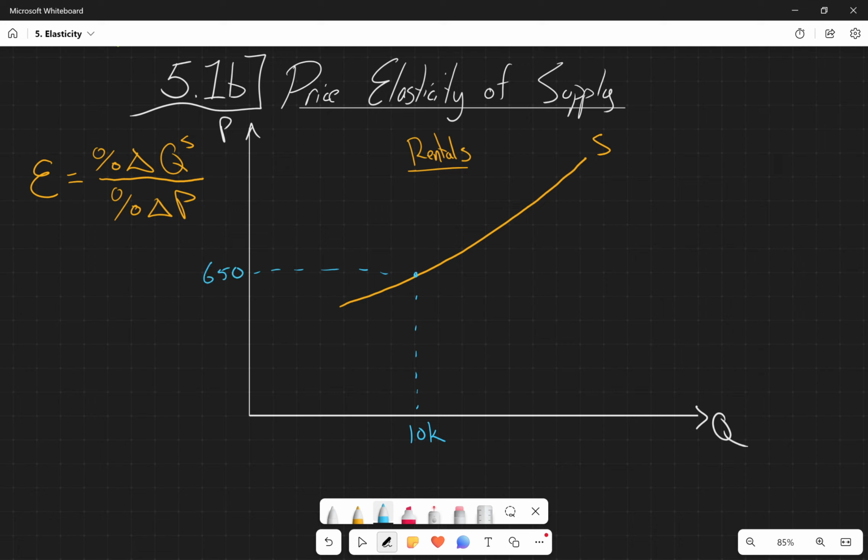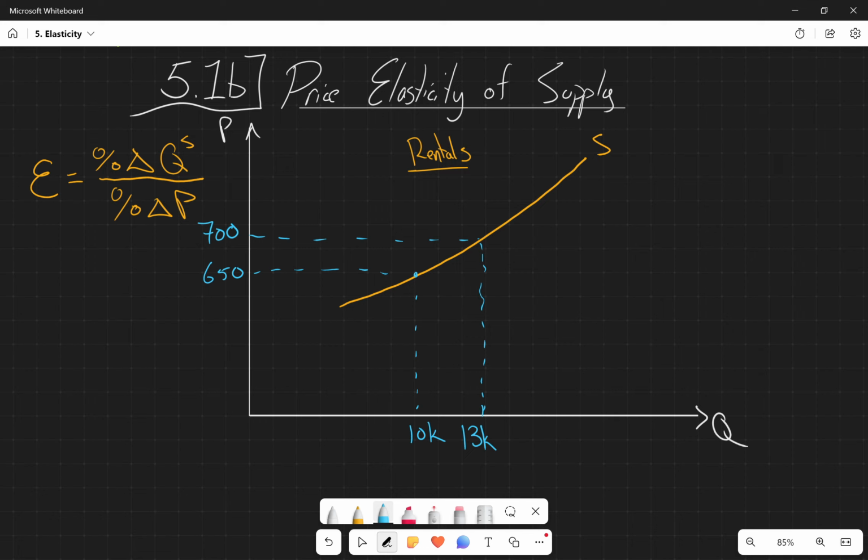And if we're at a 13,000 supply, we're told that the price is going to be 700. So when the price is 650, there's 10,000 real estate brokers or people that are willing to rent their apartment, right? And when the price is 700, there's 3,000 more. So we're trying to figure out how responsive those suppliers were to the change in the price, right?